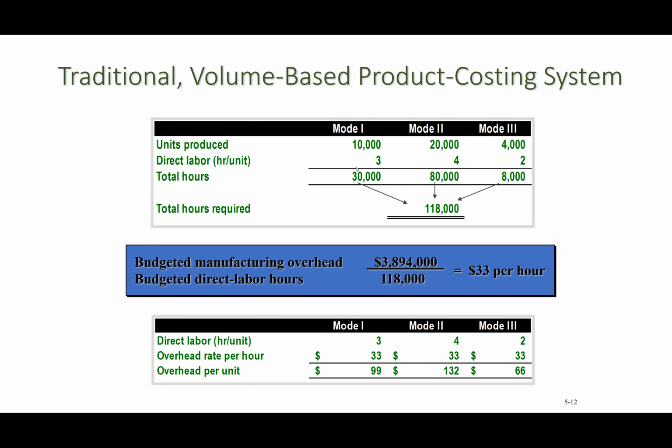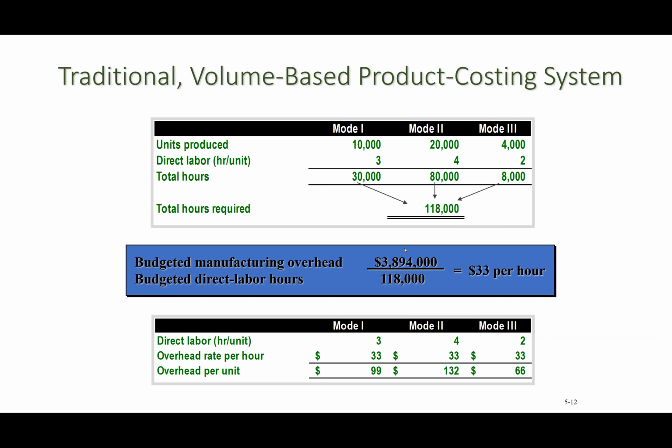So 30,000 hours for Model 1, 80,000 hours for Model 2, and 8,000 hours for Model 3. So the total labor hours we use to produce all three models is 118,000 hours.